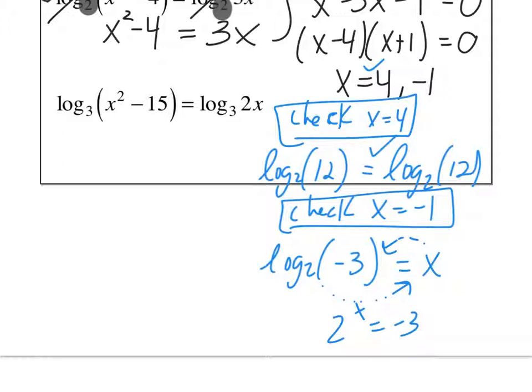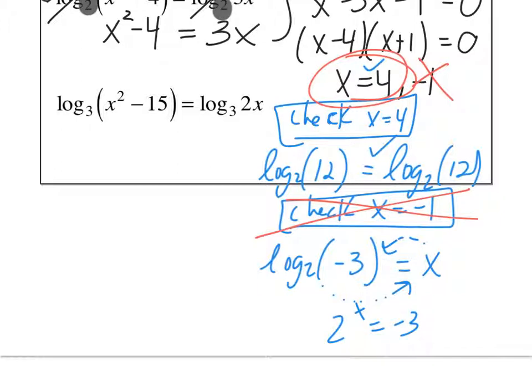No matter what exponent you try, a base of 2 cannot be raised to give you negative 3. So we say that x equals negative 1 is extraneous. We will cross that off and circle x equals 4. So please be sure to check your work as well.